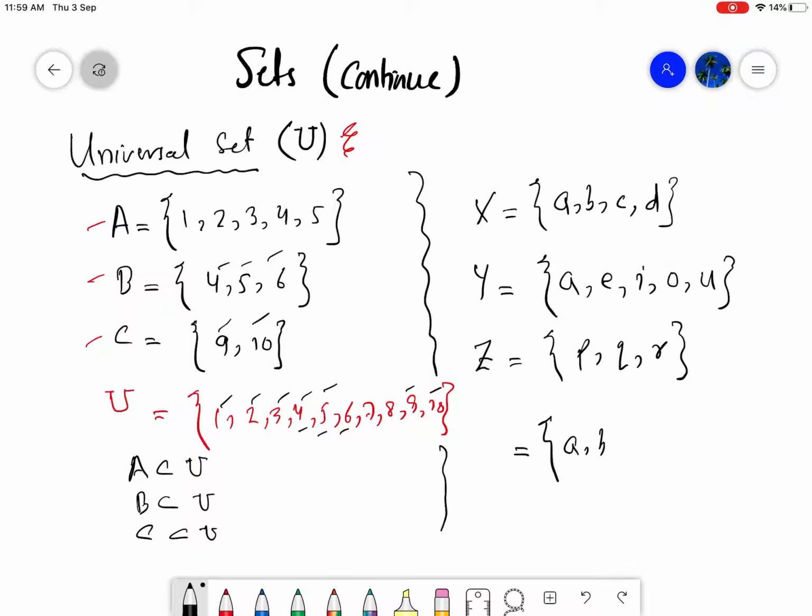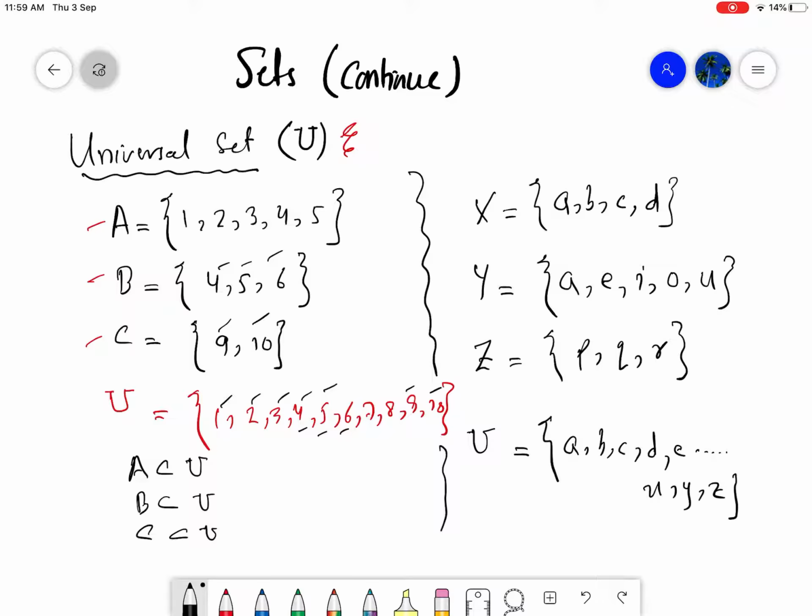So if I say that all the alphabets A, B, C, D, E until X, Y and Z, this fulfills the definition of universal set in this case. All the elements of set X, set Y and set Z exist in the universal set U.